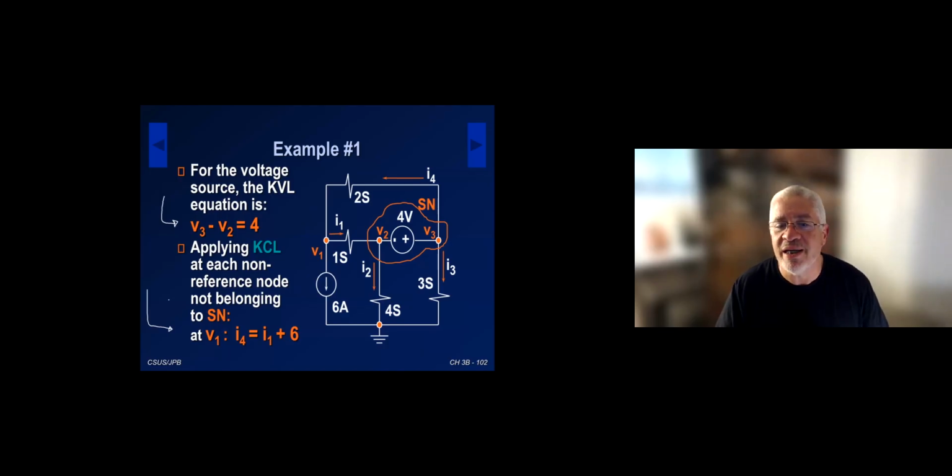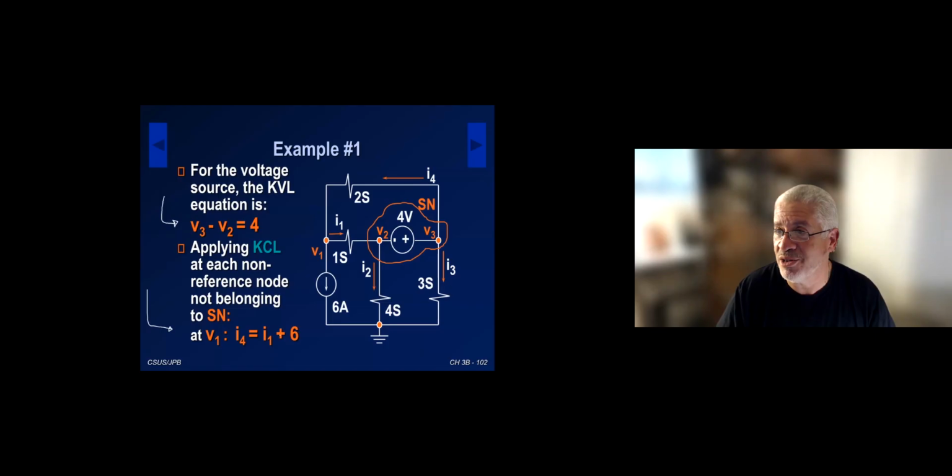So current coming in equal current coming out. What's coming in? I have I4 coming in to the node V1. What's leaving? I1 leaving, 6 amp leaving. So you have I4 equal I1 plus 6. Okay, so this is my second equation. Again, the second equation in terms of current, I'm going to have to do Ohm's law to get it in terms of node voltages.